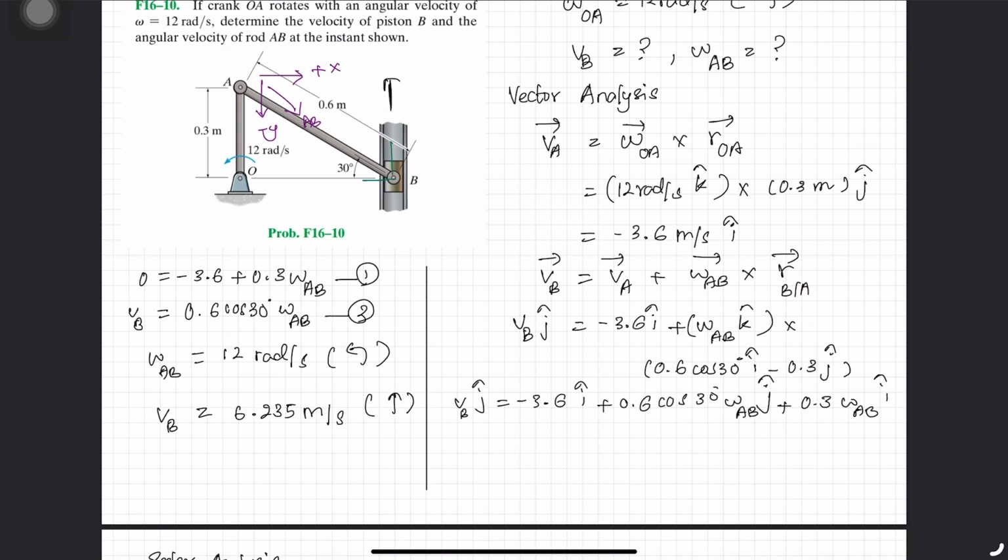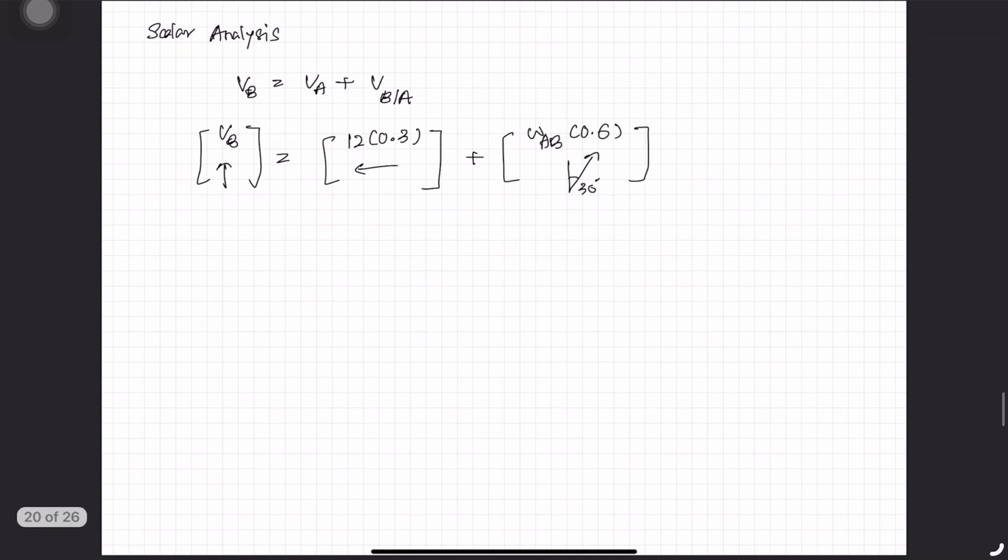You can refer from here, it is 30, and that is the right angle, so this angle will be 30 degrees as well.